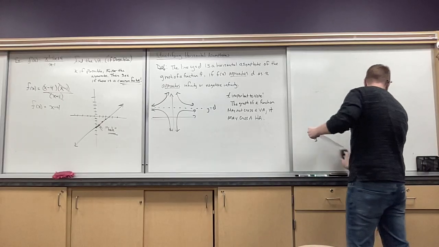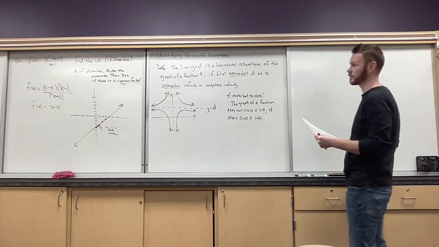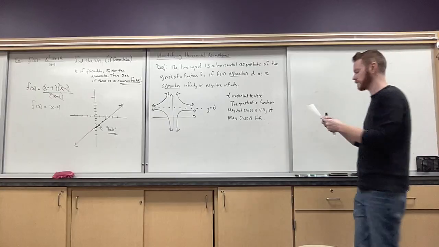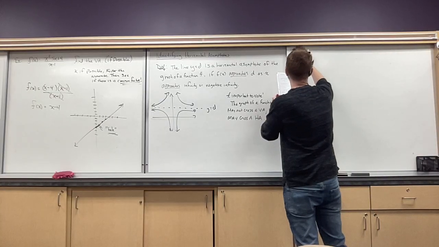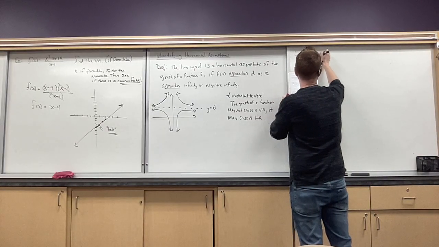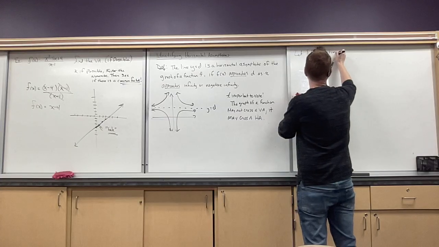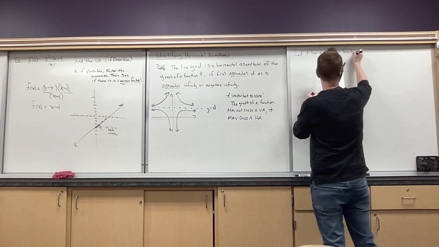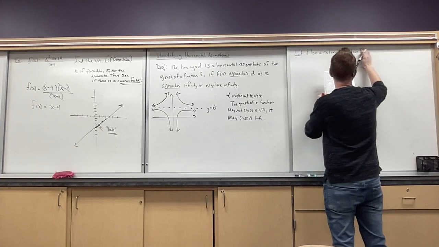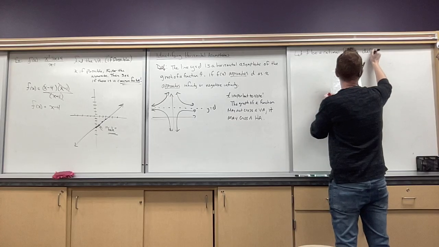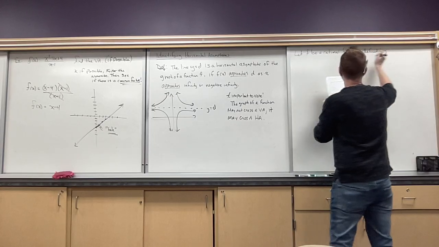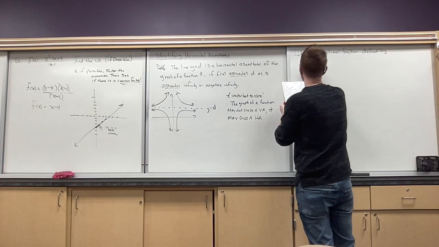Now there are a couple rules when it comes to identifying these. They're not as straightforward as vertical asymptotes, okay? So let f be a rational function defined by, and I'm just going to make a polynomial in the numerator and denominator.